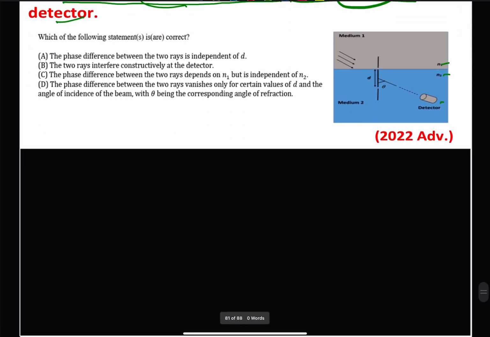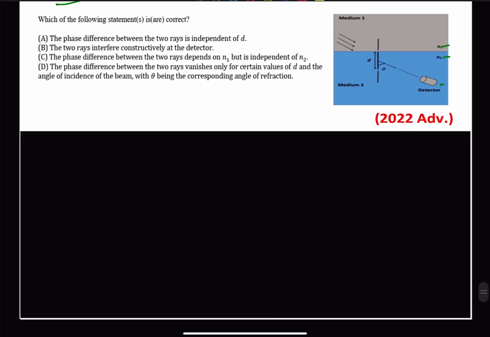So let us draw an approximate figure. Let us suppose this is our medium interface, and we have n1 and this is n2, with 2 parallel rays. Let us put this as the first ray and this as the second ray, with the normal here and here also.